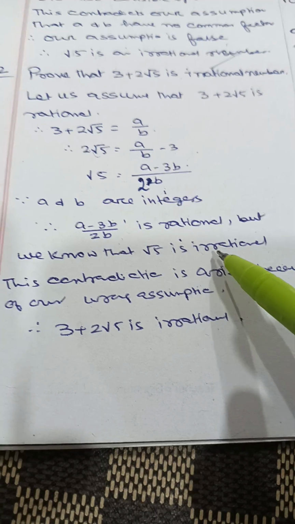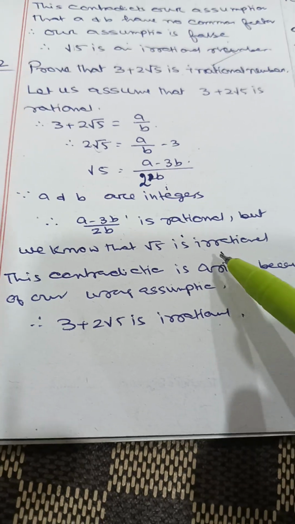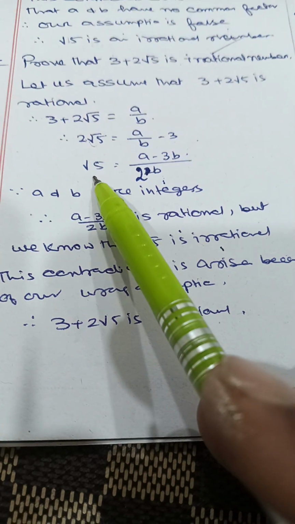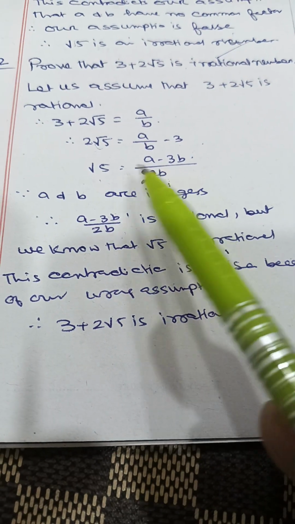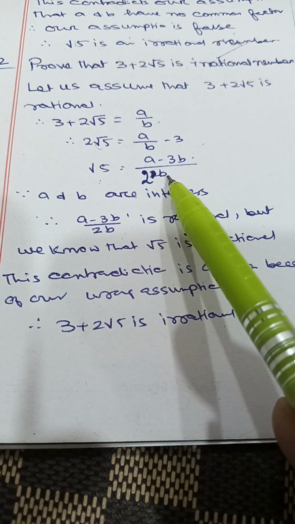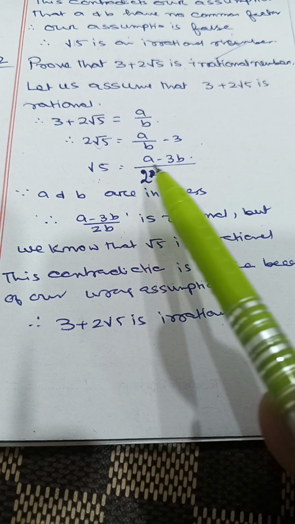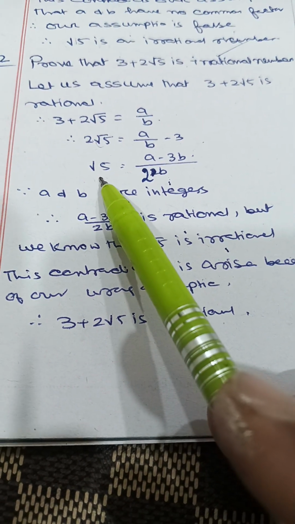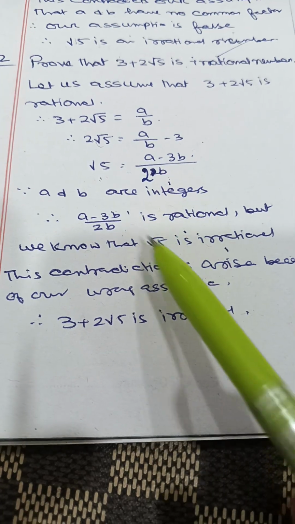In question number 1, we have proved root 5 is an irrational number. So this side is irrational and this side is rational. It never occurs. If the left side is irrational, the right side is irrational. But we have proved root 5 is irrational, and this side is rational.